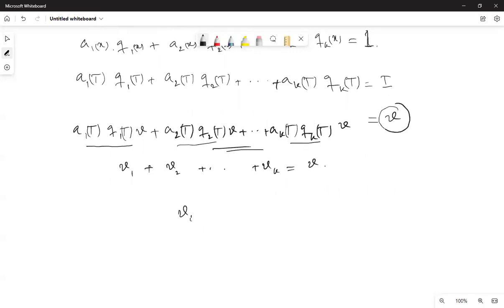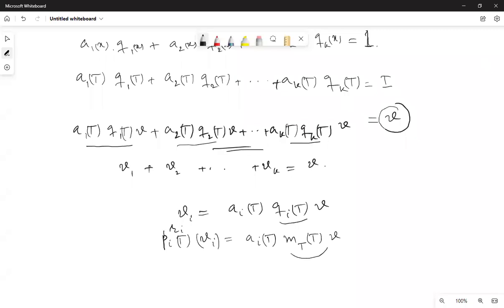vi is the same as ai(T) qi(T) applied on v. Exactly, right? If I apply pi(T) raised to the power ri on this vi, you check that this is ai(T) and pi(T) into qi(T), which would complete your m_T(T) applied on v.